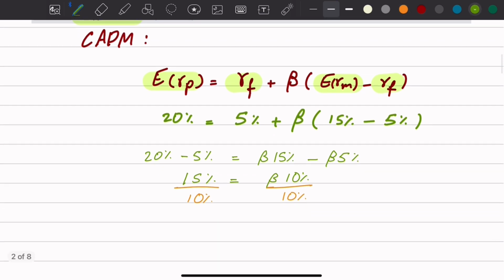What will that give me? It will give me that beta equals 15% divided by 10%. That means beta equals 1.5.